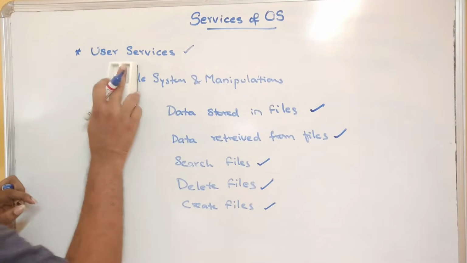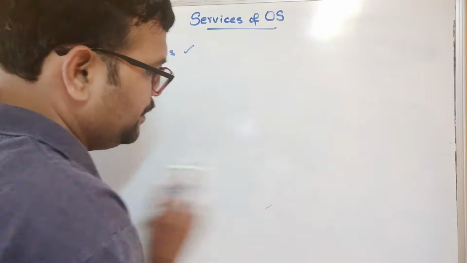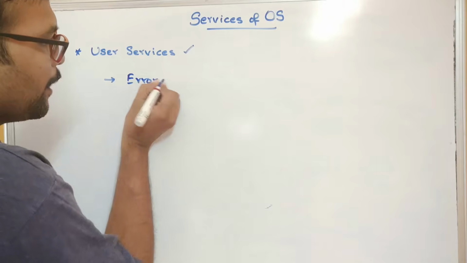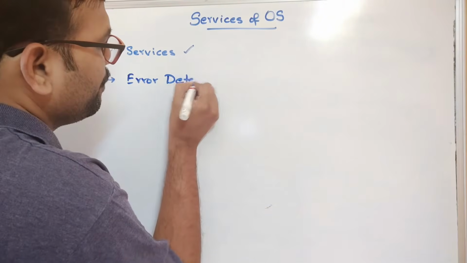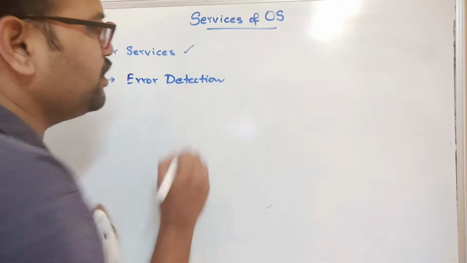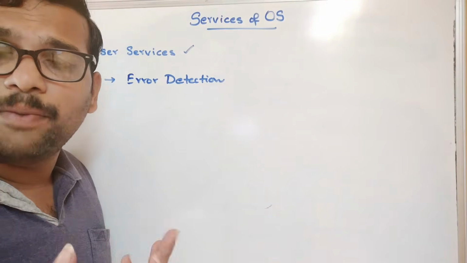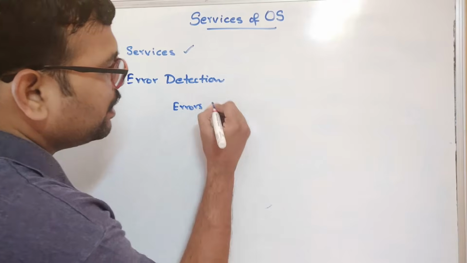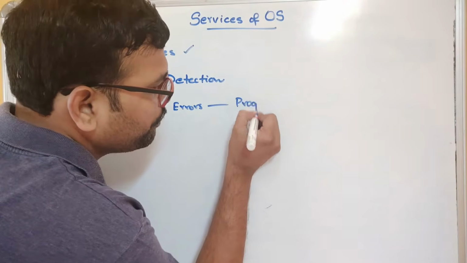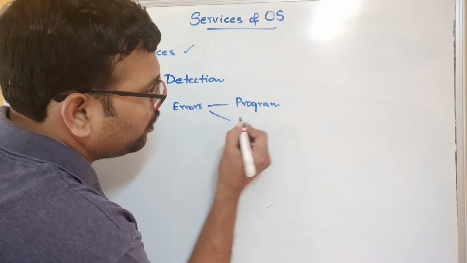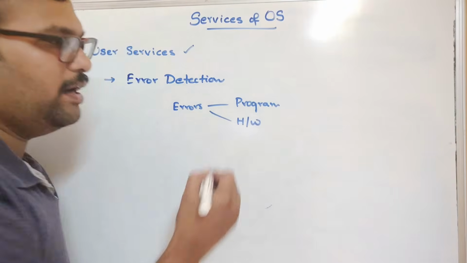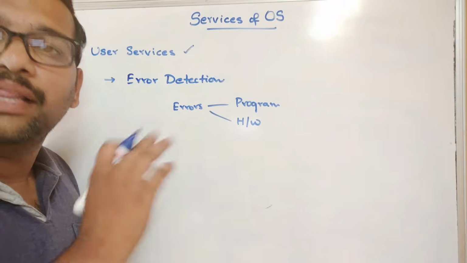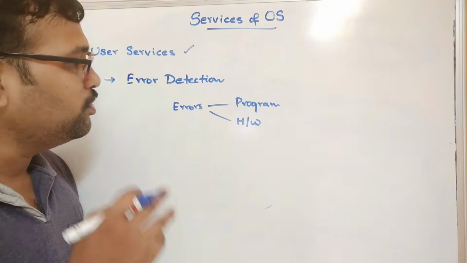And the next one, error detection. While executing a program, some sort of errors may occur, in the program or in hardware. So the operating system should know about all the errors that may occur.